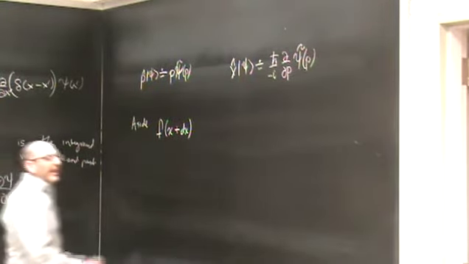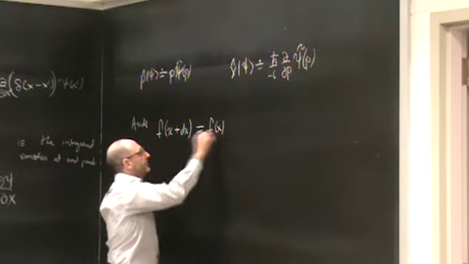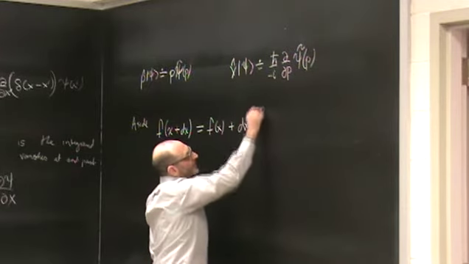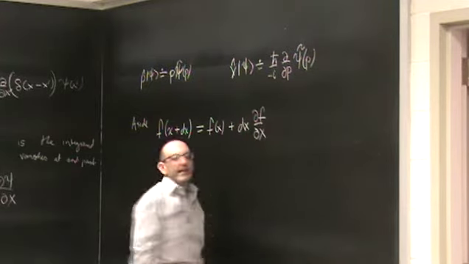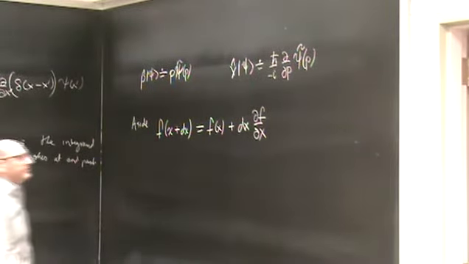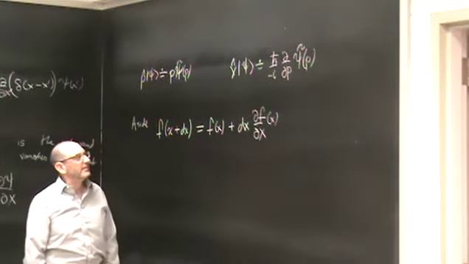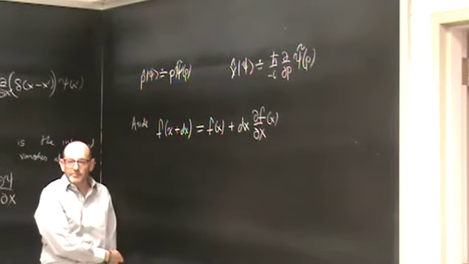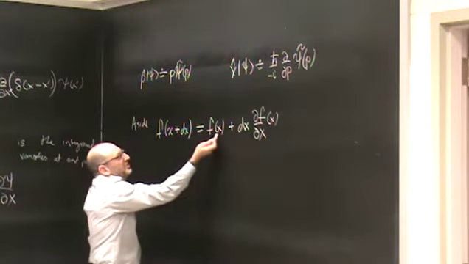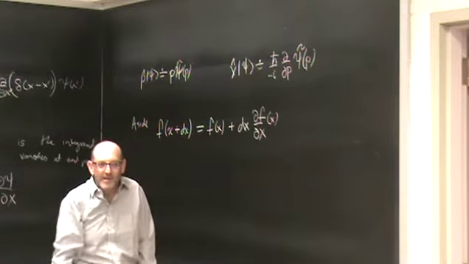Well, by Taylor's theorem, this is equal to the function of x plus dx times the derivative. In this case, it's one variable, so I'll just write it as a partial. It doesn't matter. That's Taylor's theorem. And you just subtract and divide by dx. That's the definition of the derivative, right?